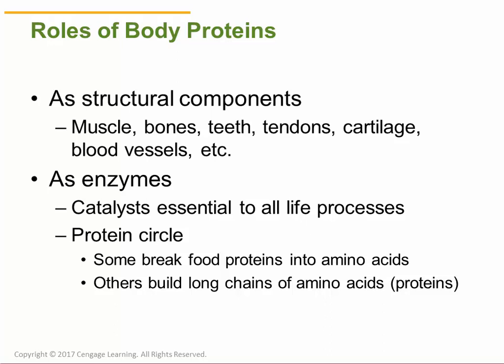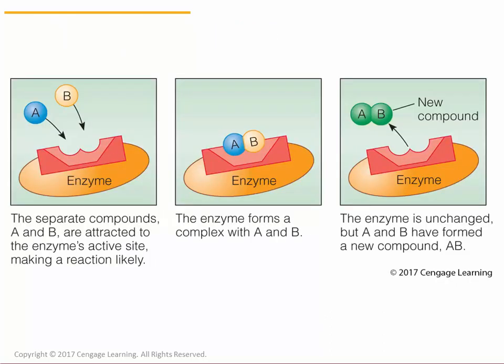Some of them will break the food proteins into the amino acids, some of those enzymes that we talked about that broke down the polypeptides into shorter polypeptides and broke them down into tripeptides, dipeptides, and so forth. And then others build long chains of amino acids that actually form proteins themselves, okay? And that just shows you the enzyme, the compound here that is created by these two different components that are attached in there, and they help with that, okay?